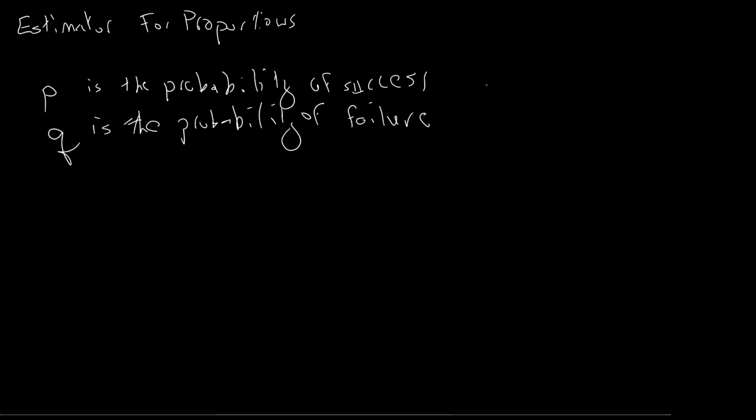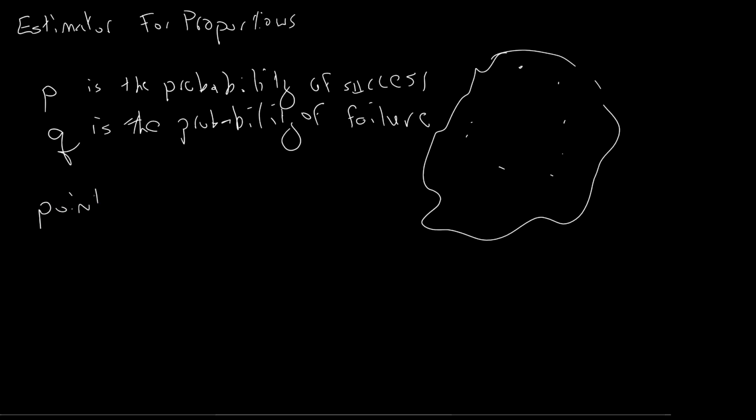And so if we have some population and there's entries in here, we want to know the probability of success or failure, or the percentage of something that we might see. So we can take a sample and estimate it. The point estimate for p we'll write as p hat.